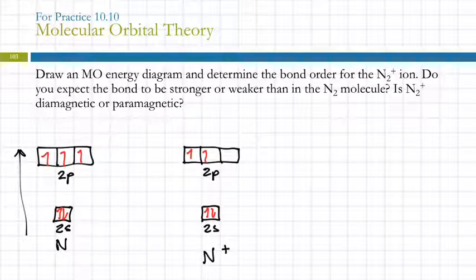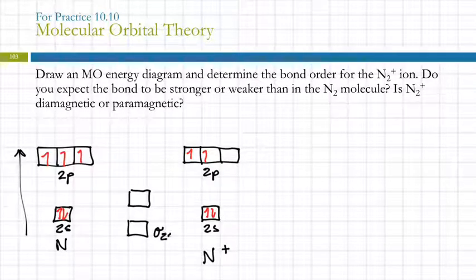Now we have to draw those crazy molecular orbitals. Well, the s one's not too bad. It forms an antibonding and a bonding, so this is sigma 2s, and this is sigma star 2s. Those are coming from these s orbitals.